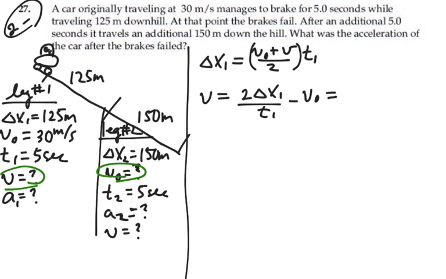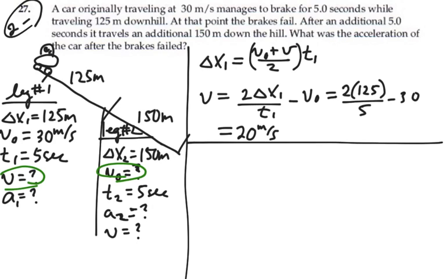So this is going to be equal to 2 times 125 divided by 5 seconds minus 30. So our final velocity from leg number 1 is 50 minus 30, or 20 meters per second. Sounds good. For leg number 2, that's going to be our initial velocity.